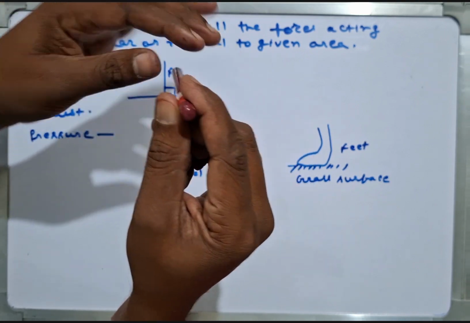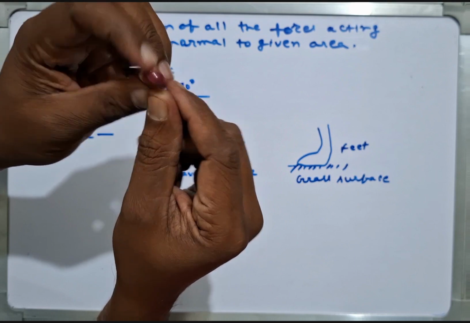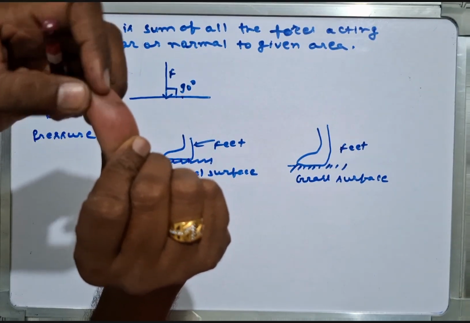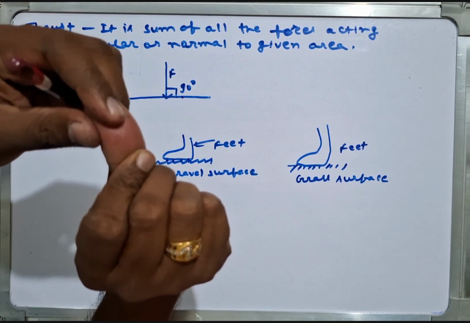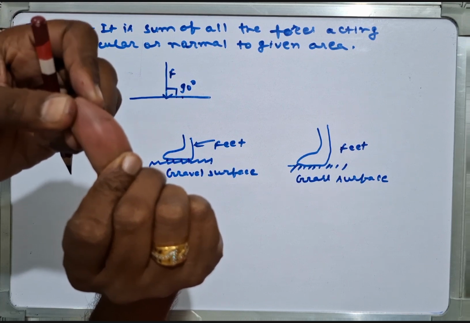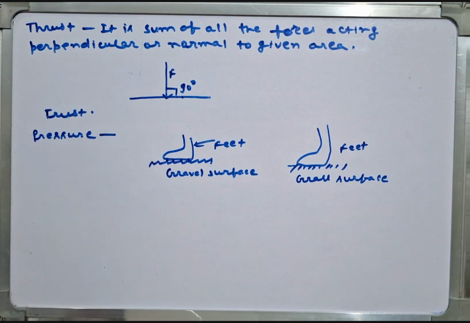Now see, when this surface is larger, we do not get much effect of pressure on the finger. So you can say pressure is inversely proportional to area. That's why the edge of a knife is sharp, so we can cut vegetables easily.